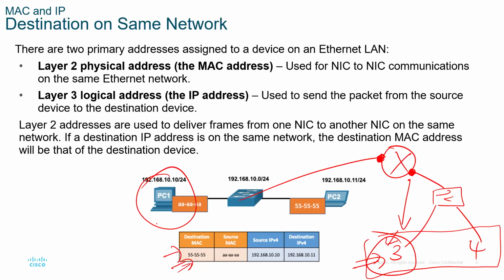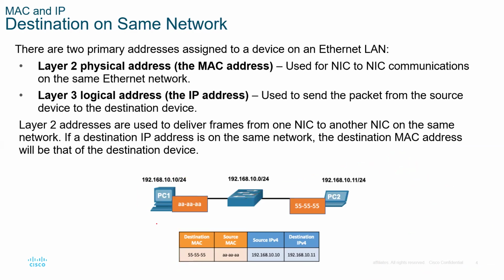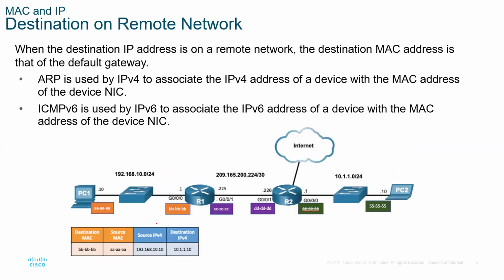But to send a frame, you need the physical address, you need the MAC address. We cannot escape that. So that is where the IP to MAC address is being resolved. That is where the ARP protocol is very much needed. When the destination IP is on the remote network, the destination MAC address is that of the default gateway.